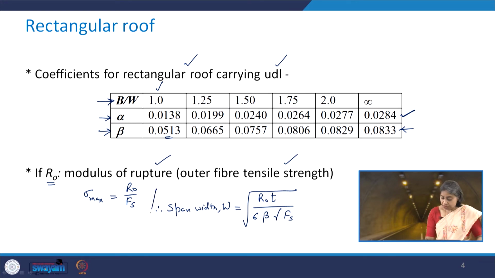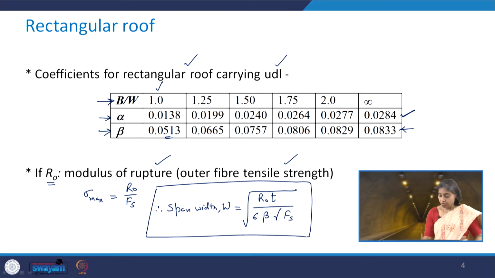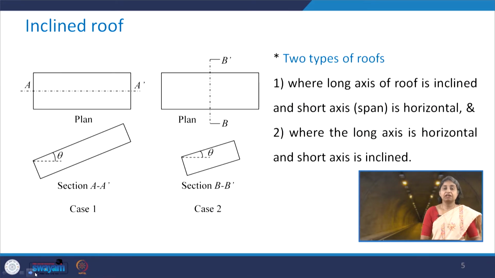So, this is how the span width is obtained when the roof acts as a plate, experiencing biaxial bending.